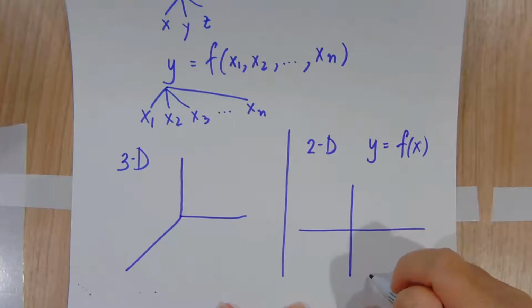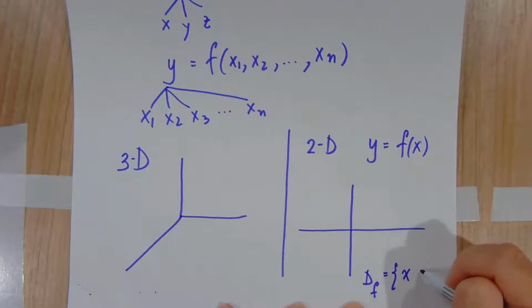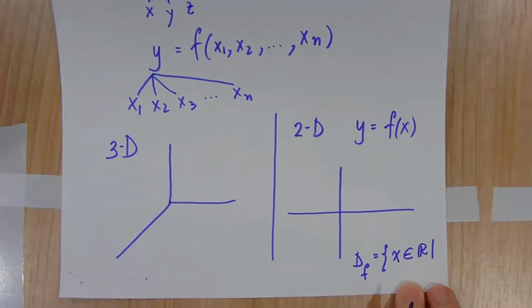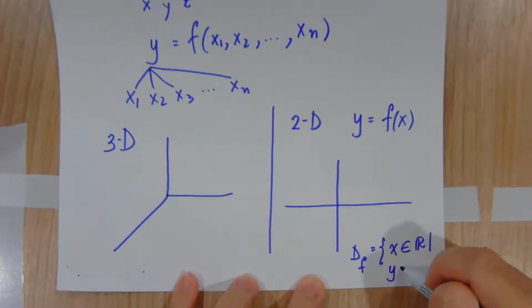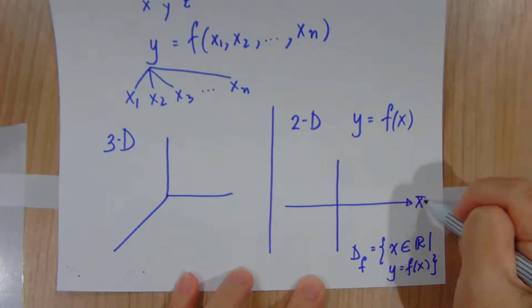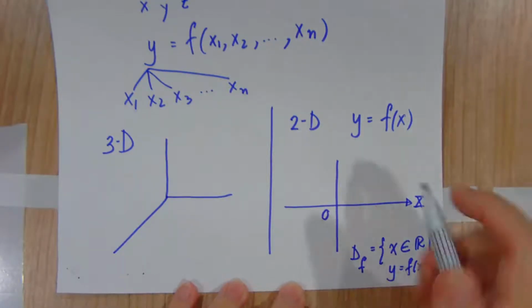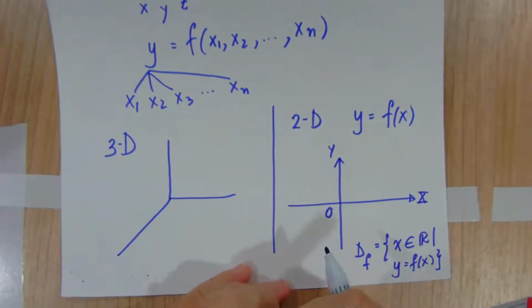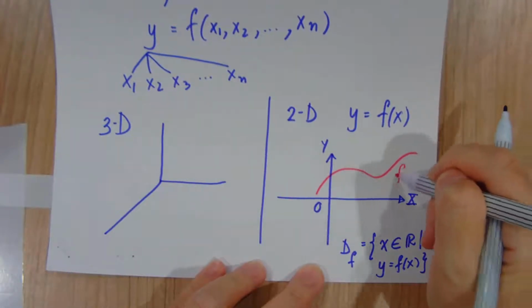So the domain of the function f is that x can be any real number, for which you have y equal f(x). And that means the domain of a function of a single variable is on the x-axis. Then the graph or the range of the function is on the y-axis. So after we plot, we have a graph of the function f like this.